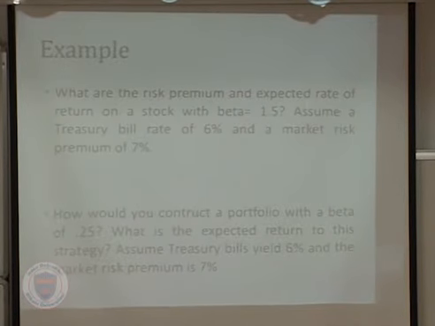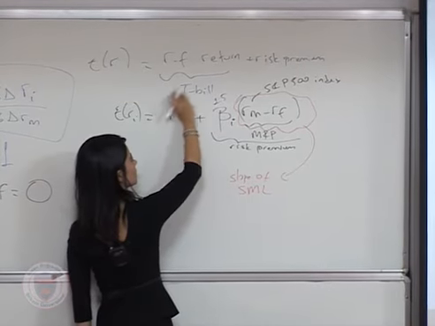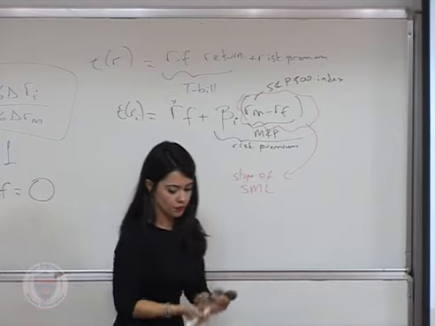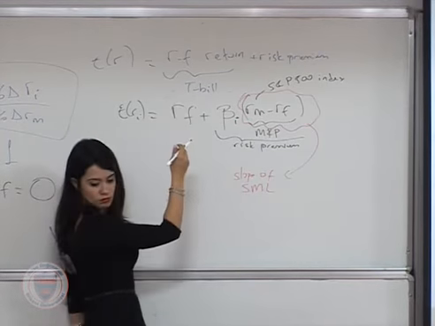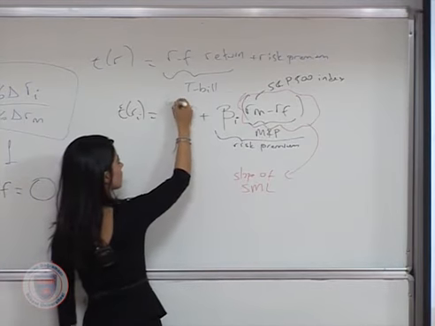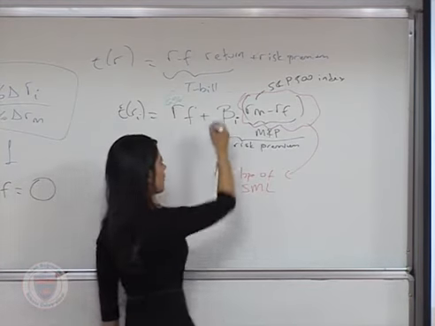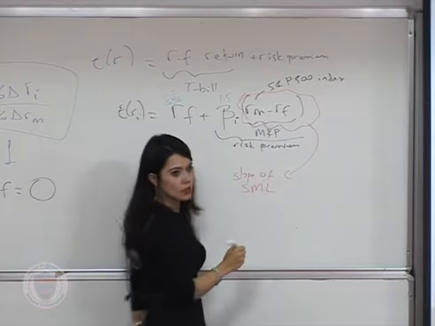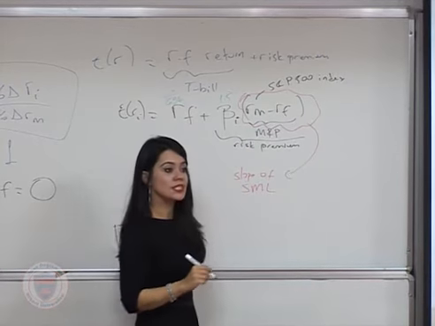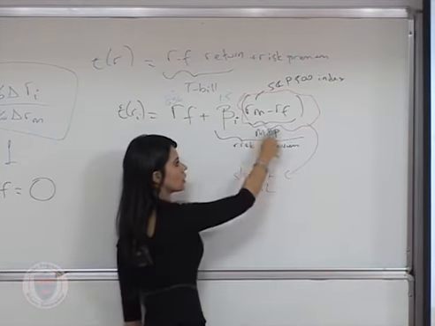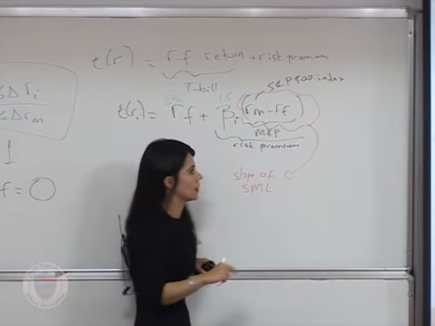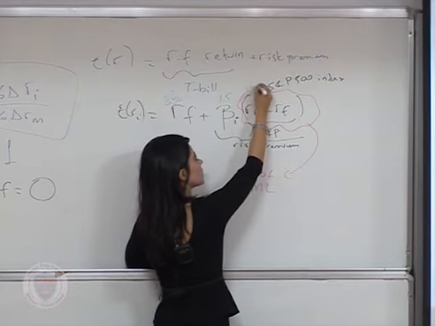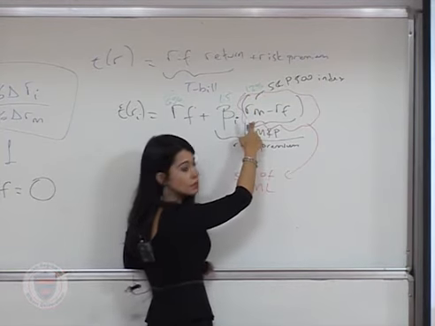The treasury bill is 6%. Market risk premium is 7%. If market risk premium is 7%, what is the market return? 13. Thank you. So this is 13%, right?